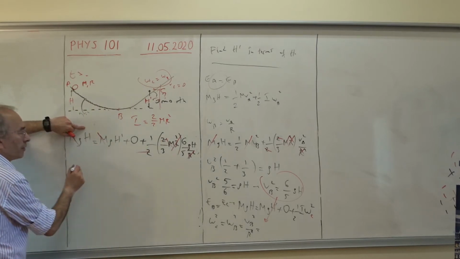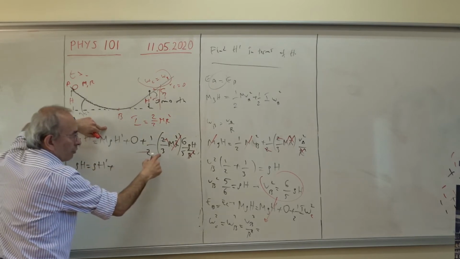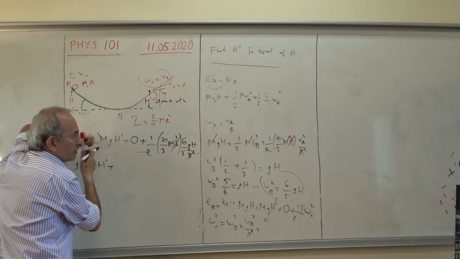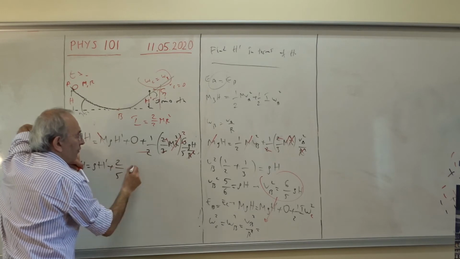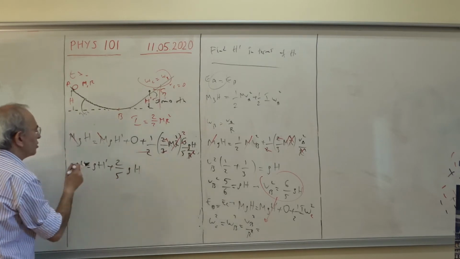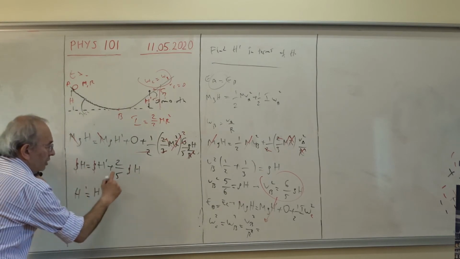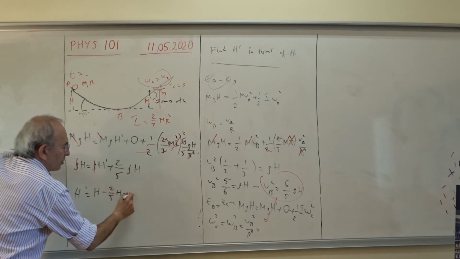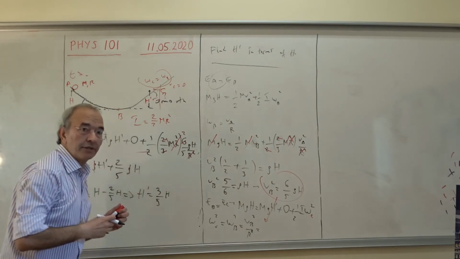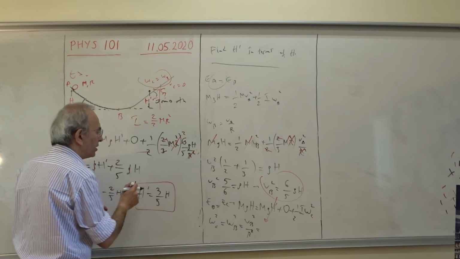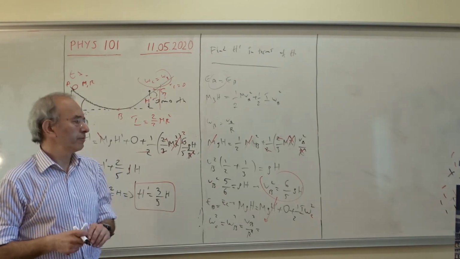So we have GH on the left, GH prime on the right, plus what is remaining? 6/3/5. 6 and 3 also become 2. 2/5 GH. As we see, G is also cancelled. So we have H prime is equal to H minus 2/5 H. So H prime is 3/5 H, 60% of the initial height. It can reach only 60% of the initial height because of this difference in the two parts of the road.